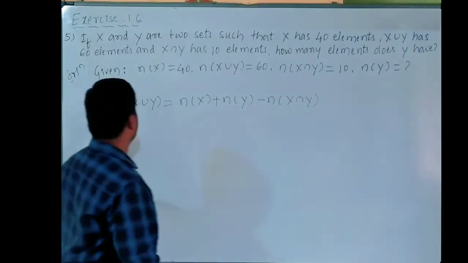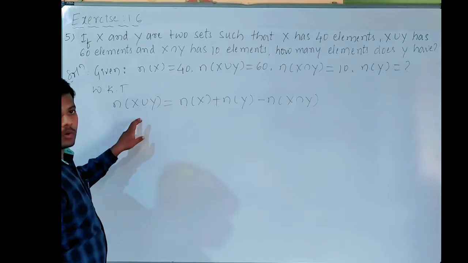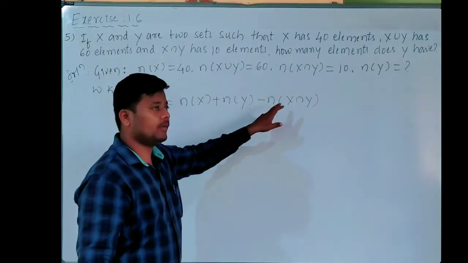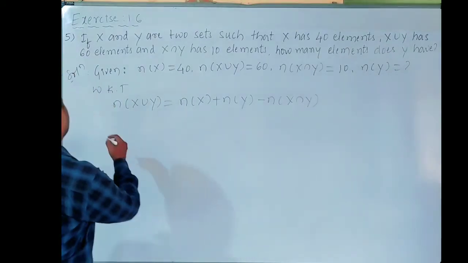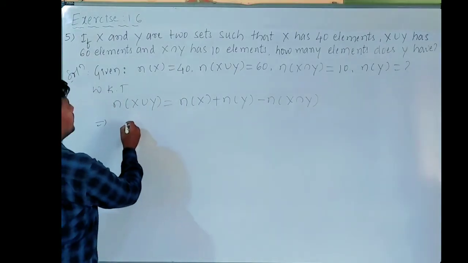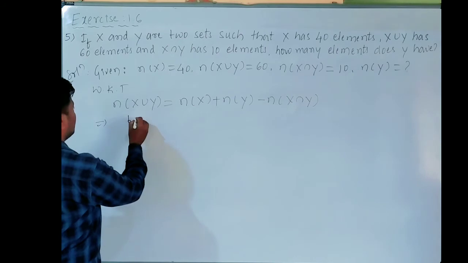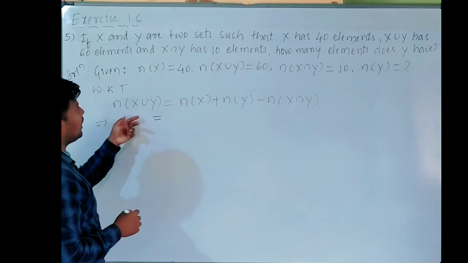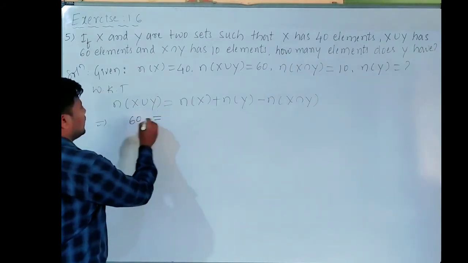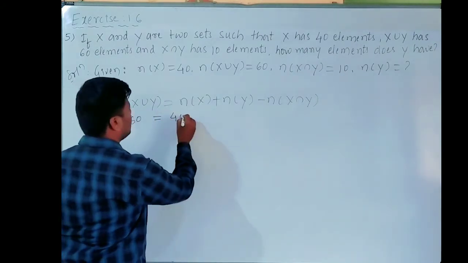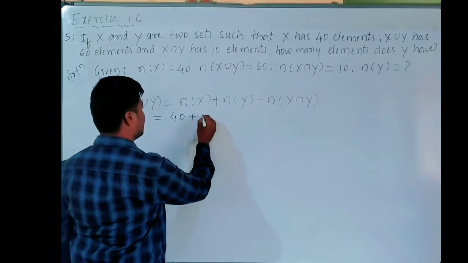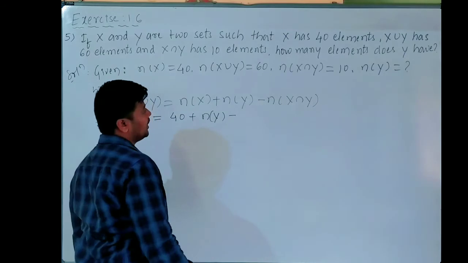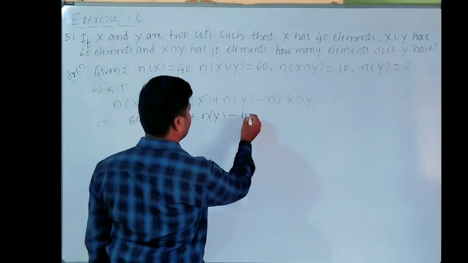Okay, already we know the formula. n of x union y equals n of x plus n of y minus n of x intersection y. Substitute the values. n of x union y is 60, n of x equals 40 plus n of y, we have to find that, keep as it is, minus the number of elements in x intersection y, that is 10.